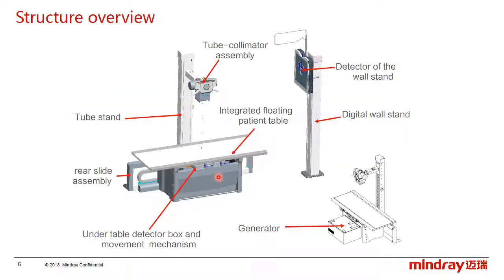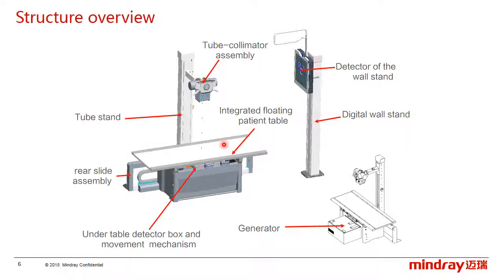Let's see more detail. This is the tube and the collimator, and the front cover assembly, which were fixed on the tube stand. And here, the patient table.